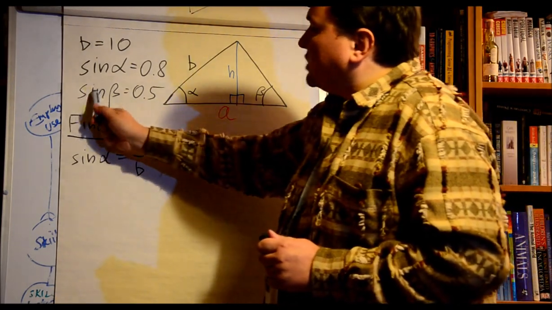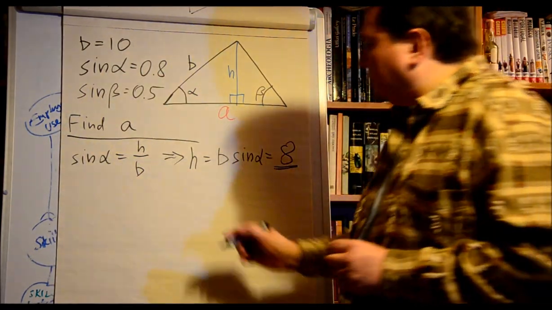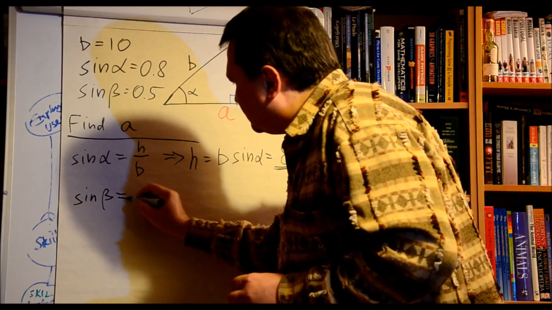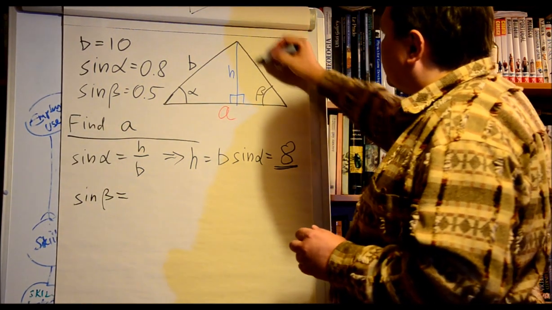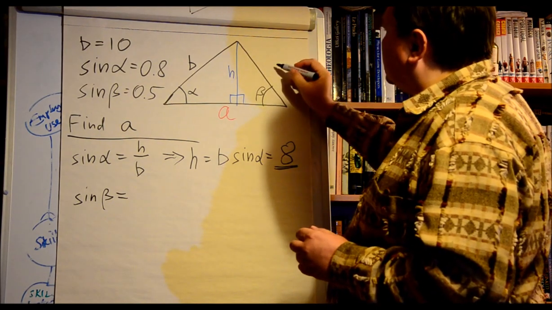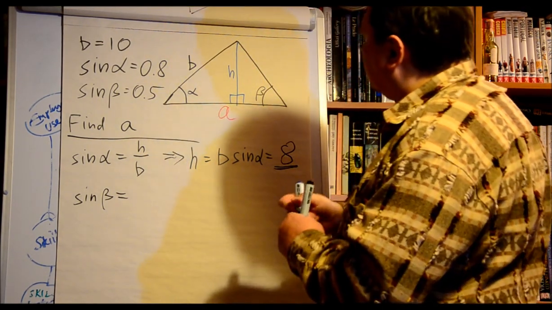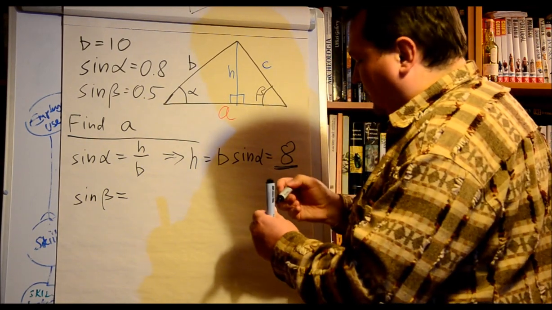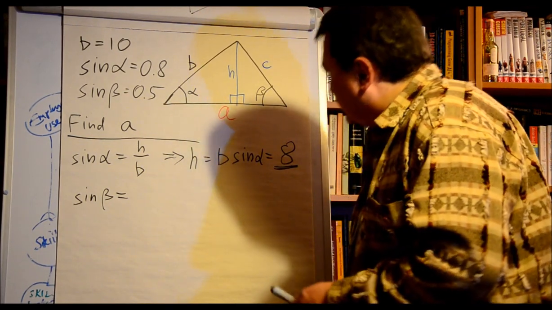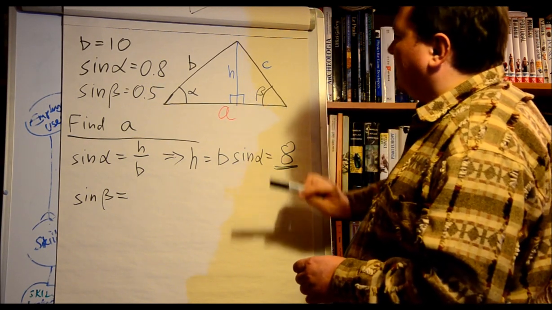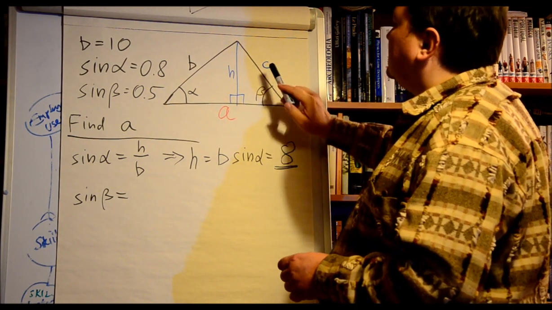Another piece of information we have is sine beta. So let's have a try with this. Sine beta, it is from this h divided... I need to add a new symbol here. I will call this thing here c. So from this triangle, sine beta is h divided by c.